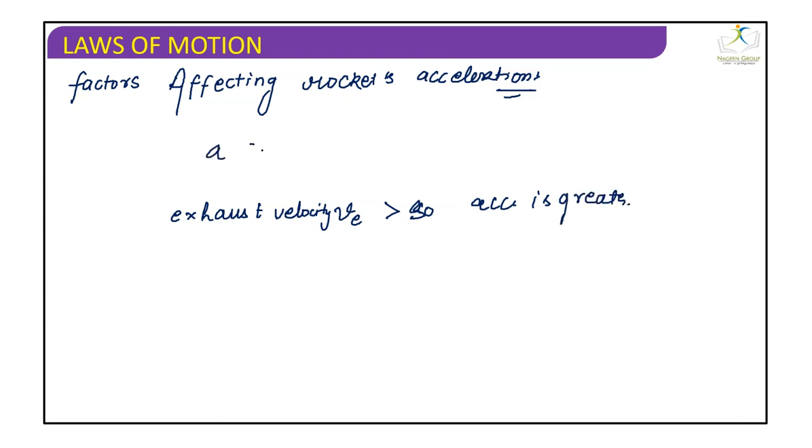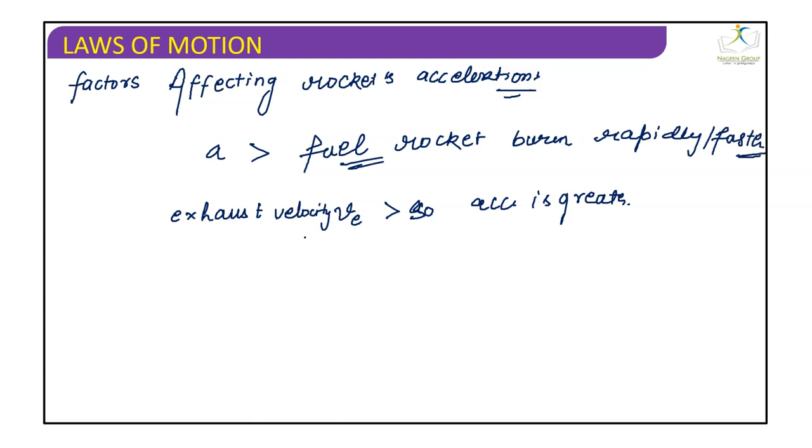And when acceleration is greater, we can say the rocket burns fuel faster. It's a simple thing: when velocity is more, acceleration is more, and when acceleration is more, the rocket burns fuel rapidly or faster.